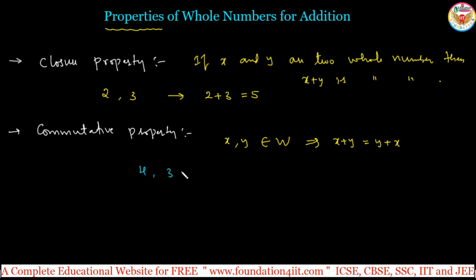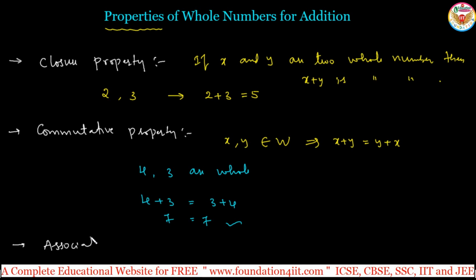Let us take 4 comma 3 as whole numbers. Then the value of 4 plus 3 and 3 plus 4 must be equal. 4 plus 3 is 7. Again 3 plus 4 is also 7. That means the commutative property exists for whole numbers for addition. Right?